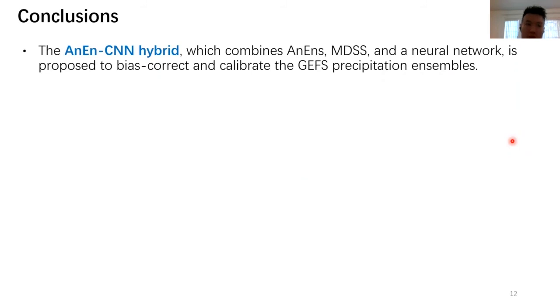So here we move on. So in the study, the analog-ensemble convolutional-neural-network hybrid is proposed to bias correct and calibrate the GFS precipitation ensembles. And this method uniquely combines three post-processing models, which are the analog ensemble, minimum divergence Schaake shuffle, and a neural network.